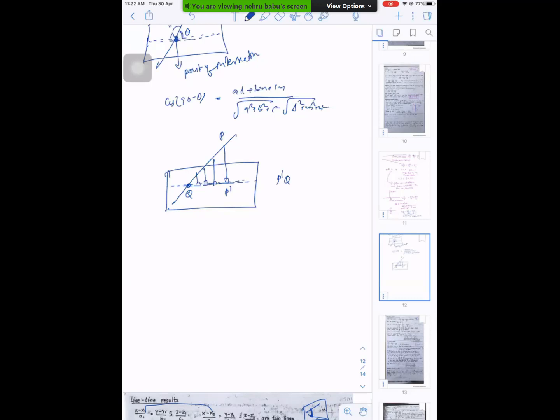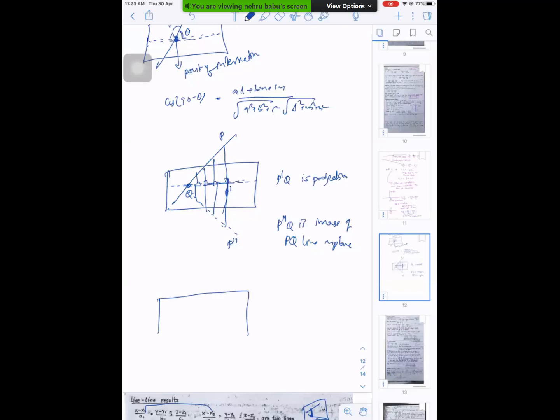We already know how to find the foot of the perpendicular. So P dash Q is the projection. For example, if they are asking the image of this line, then directly find the image. If you assume P double dash is the image, then P double dash Q is the image of the line PQ in the plane. This is the method. P dash Q is the projection and P double dash Q is the image.